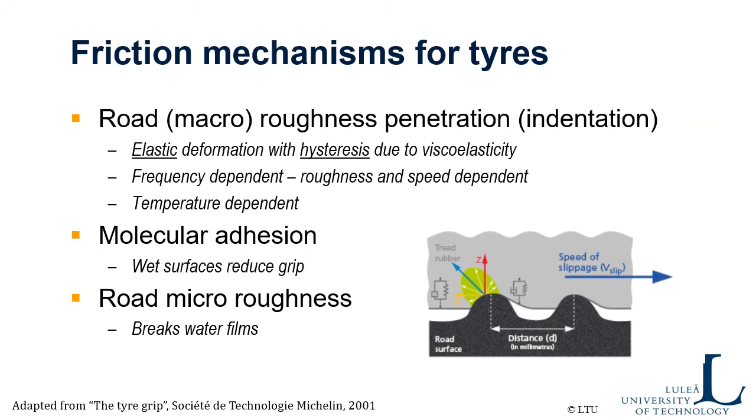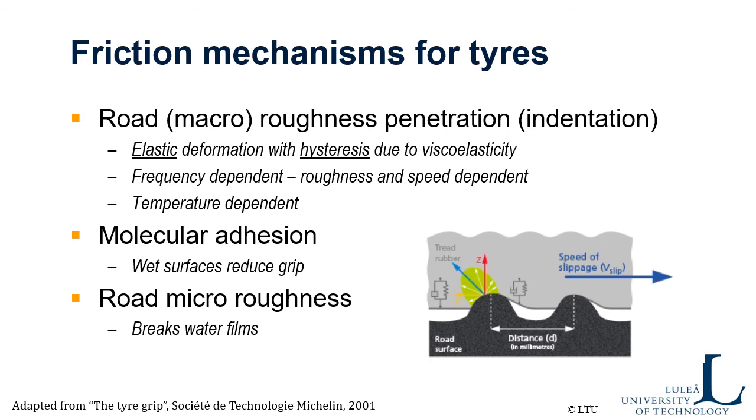Let's discuss the friction mechanisms for tires then in a little bit more detail. The mechanisms are of course the hysteresis effect, as we have been discussing, is very important for tire friction, and that's the reason why you're using rubber as the material for the tires, of course.